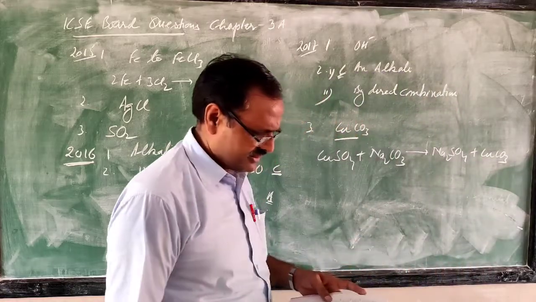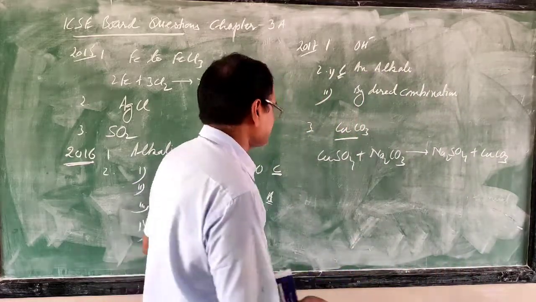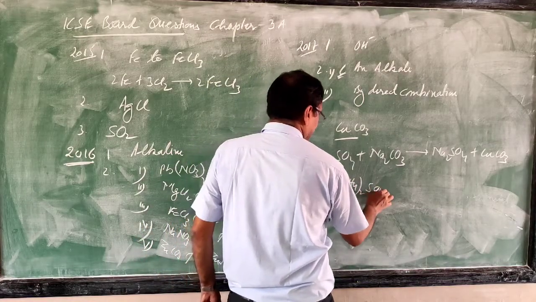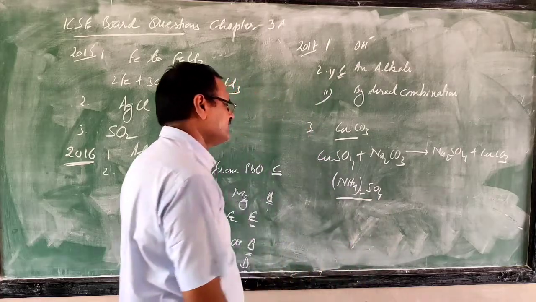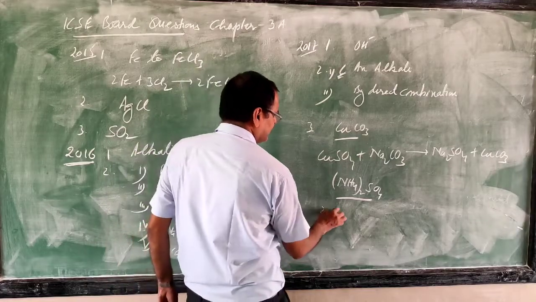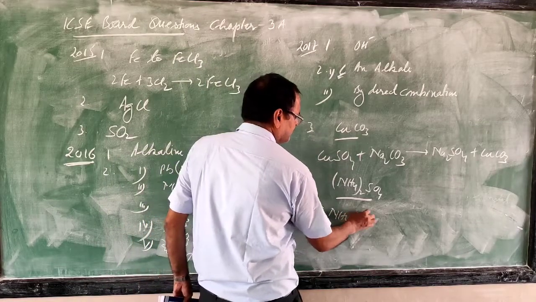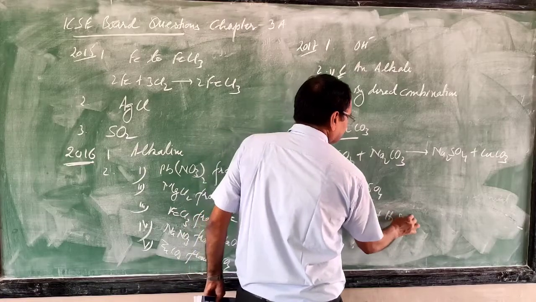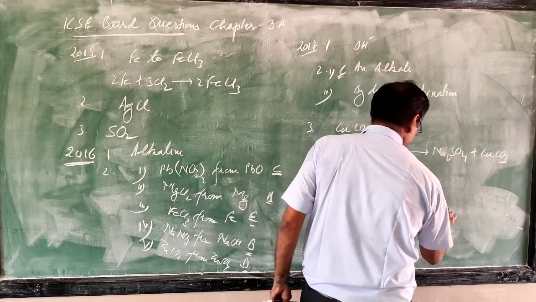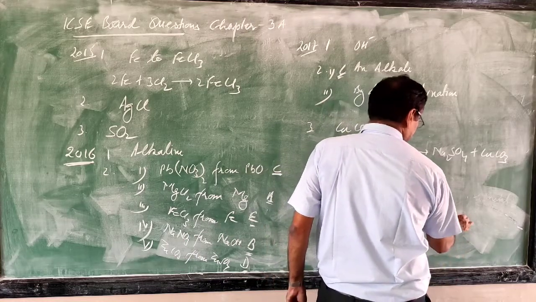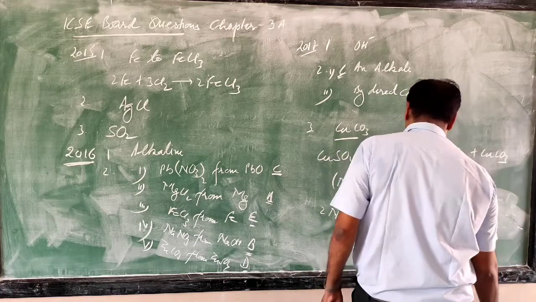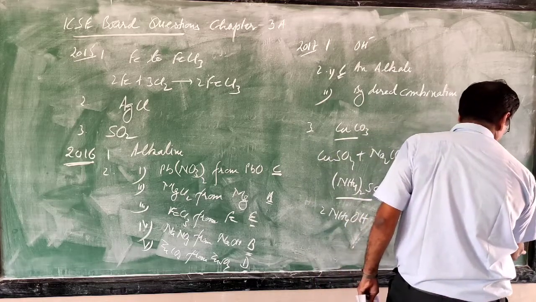Ammonium sulfate can be prepared by neutralization of an alkali. So you can take ammonium hydroxide plus sulfuric acid. This will form ammonium sulfate and water.